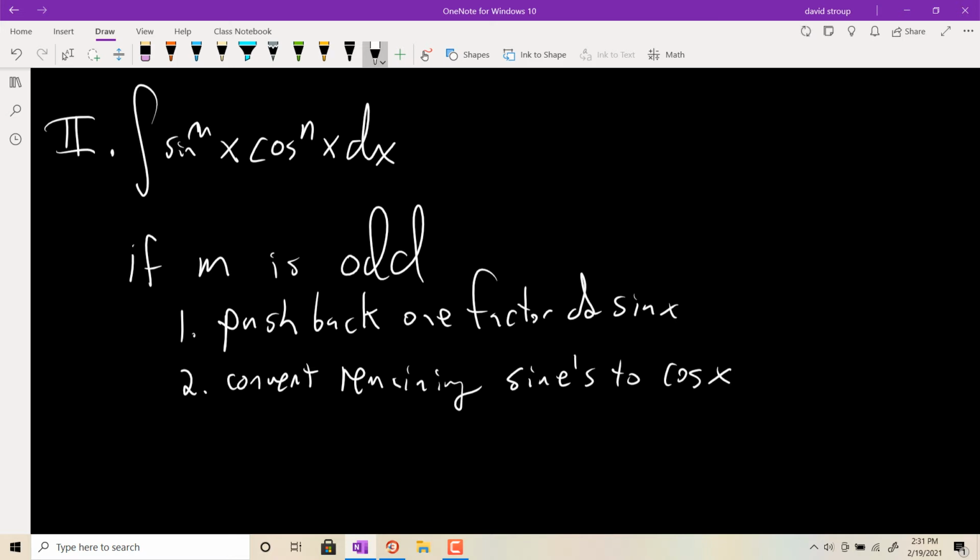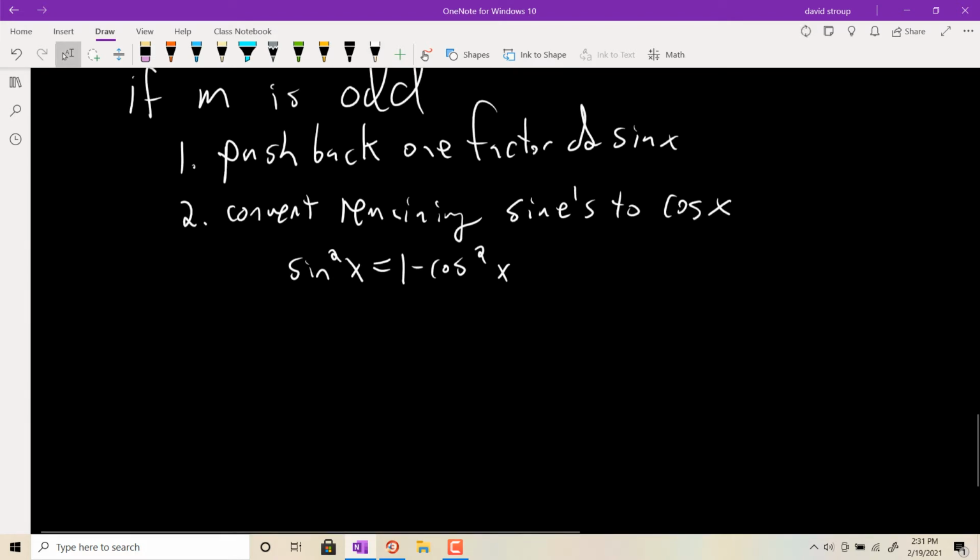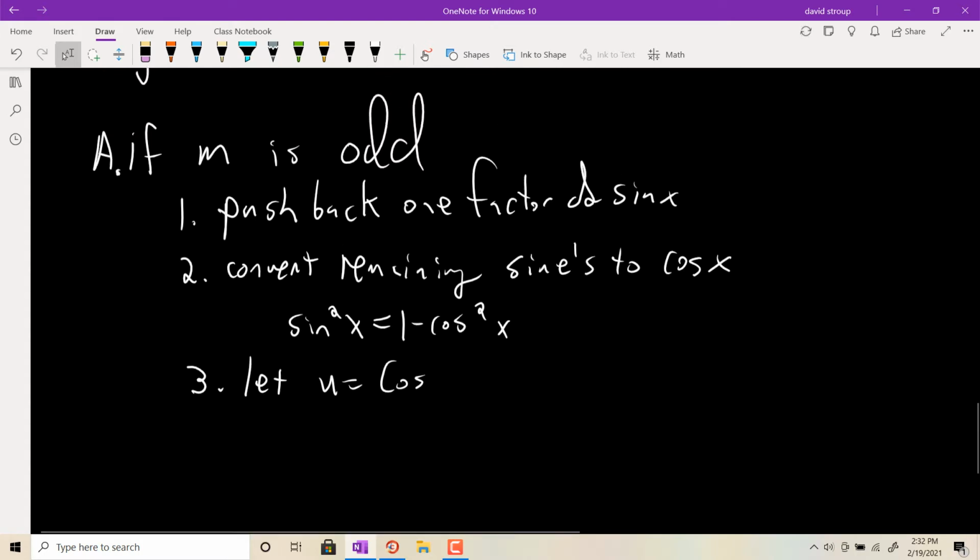So cosine squared plus sine squared equals 1, but you can also solve for sine squared, so that would be 1 minus cosine squared. So you can replace all the remaining sines in terms of cosines, and then finally do your u sub for cosine. I guess this is algorithm part A.